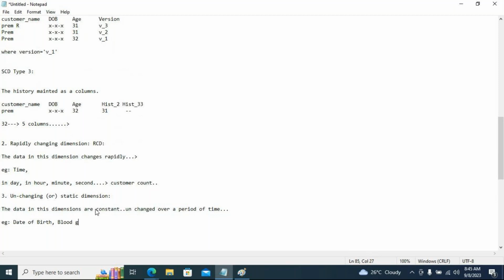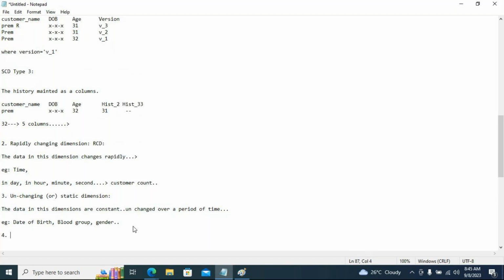Blood group of the customer, that cannot be modified. Gender of a customer, that cannot be modified. Okay, so like the way we have unchanging and static dimensions. If any dimension does not fit to make a change in the data, those types of dimensions will be called unchanging or static dimensions.